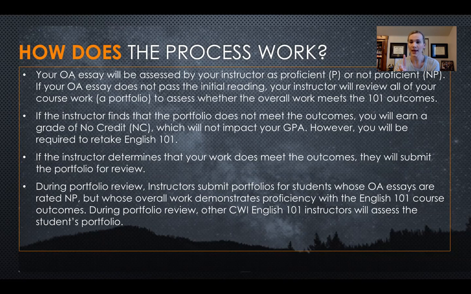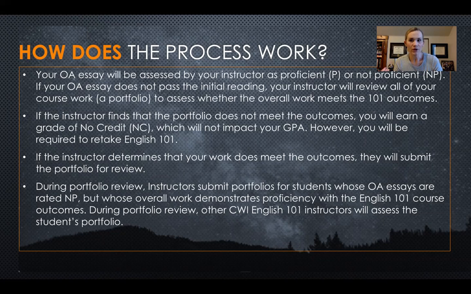The first thing that happens when you get a no pass is that you could potentially go to portfolio review, right? The way for you to go to portfolio review is that if essays 1 through 3 are all passing and the OA is the only one that's not passing, I'm going to collect all of your essays, send them to another group of English 101 instructors, and they will determine whether all of your collective essays are good enough to pass the class.